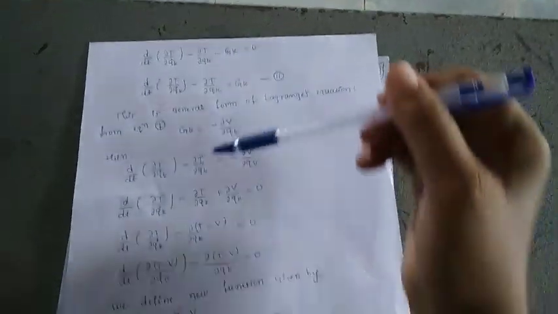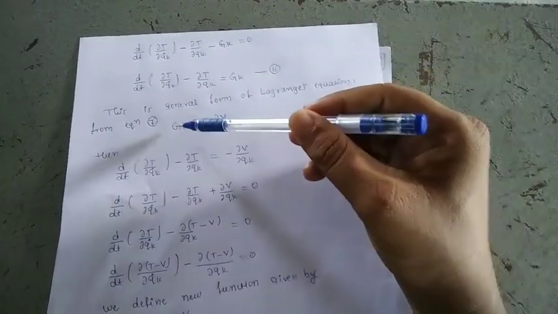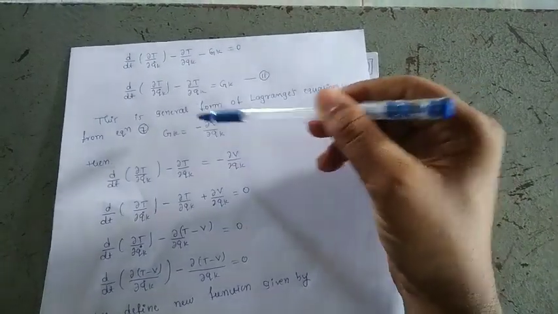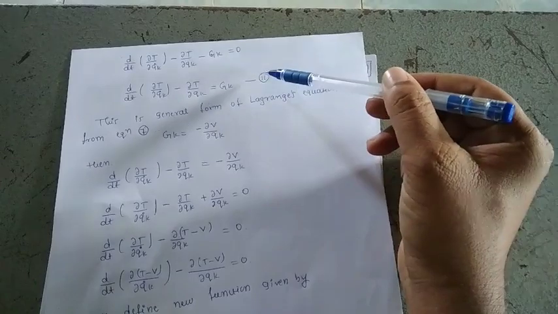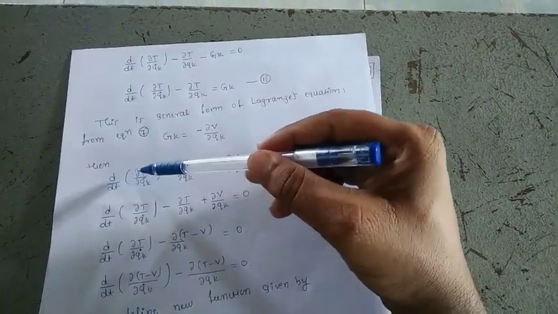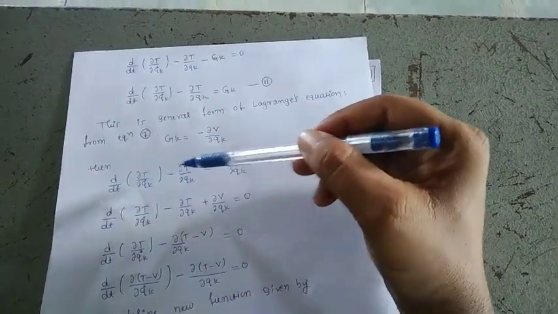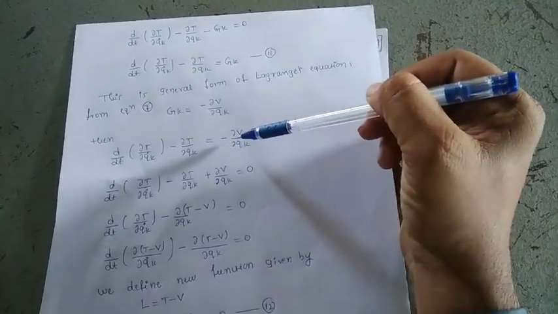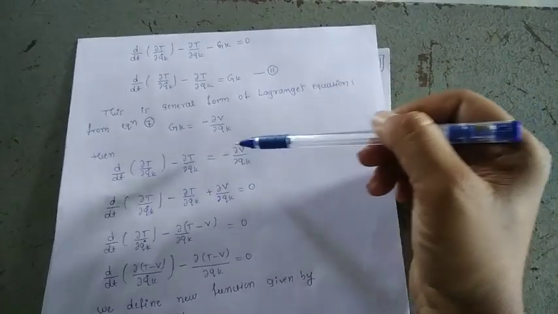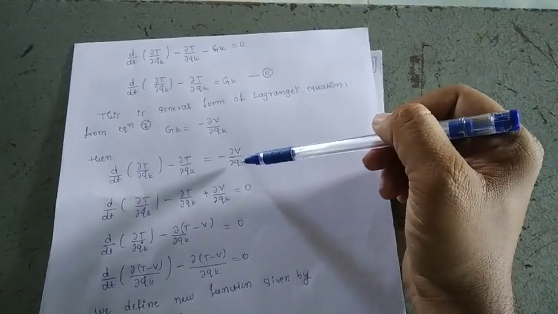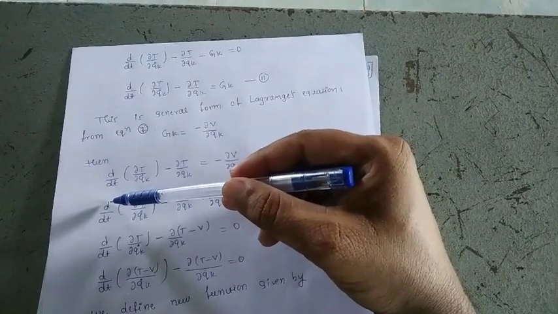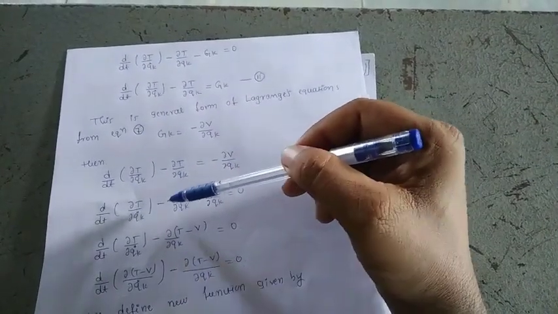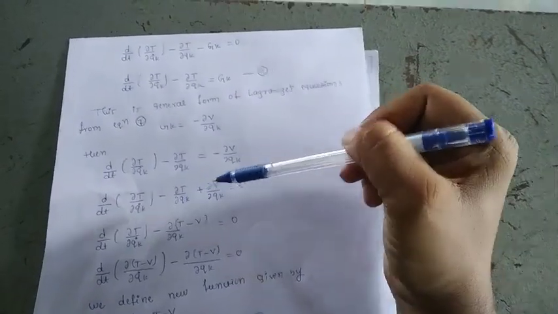From equation 7 we already know the gk value: gk is equal to minus ∂V/∂qk. Substitute this gk value in the above equation 11. Then d by dt of ∂T/∂qk dot minus ∂T/∂qk is equal to minus ∂V/∂qk. Taking this minus ∂V/∂qk to the LHS, we get d by dt of ∂T/∂qk dot minus ∂T/∂qk.